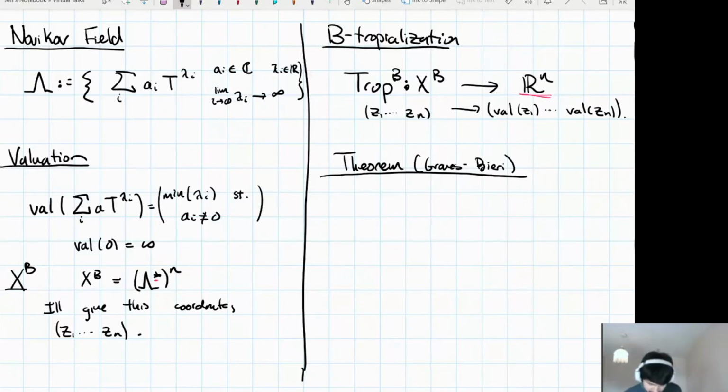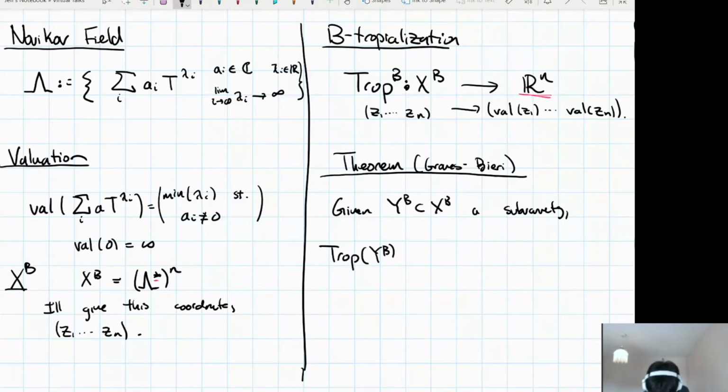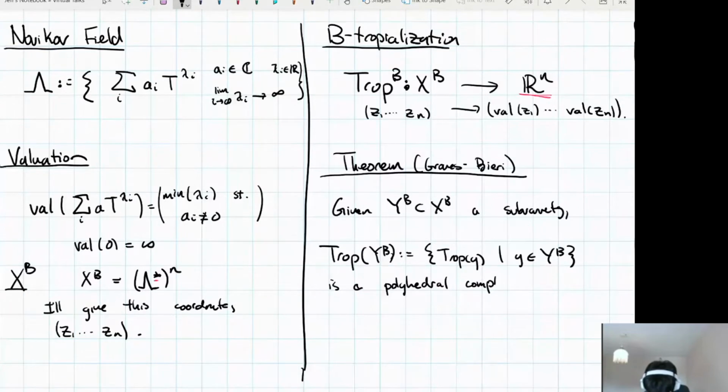Now, this tropicalization map is a little bit amazing. There's a theorem due to Groves and Bieri originally, but it's been extended in various different contexts with various different assumptions, which states roughly that given Y_B inside of X_B, a subvariety, the tropicalization of Y_B, which is just defined to be the set of points trop(y) such that y is in Y_B, is a polyhedral complex of Rn, a union of convex polytopes.